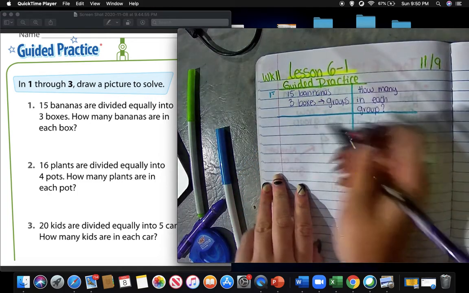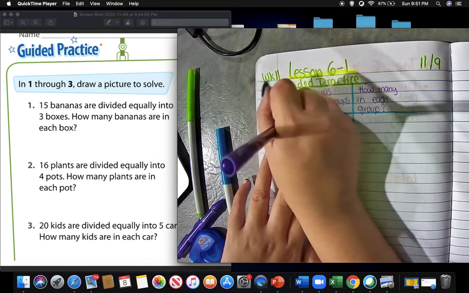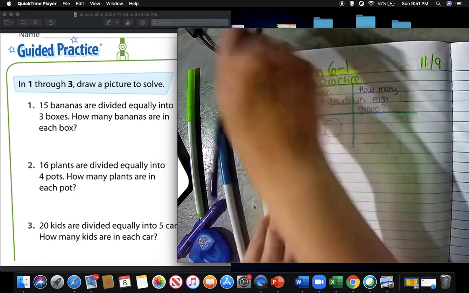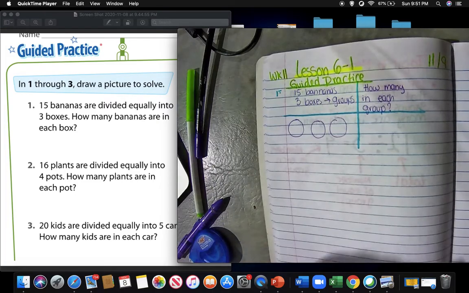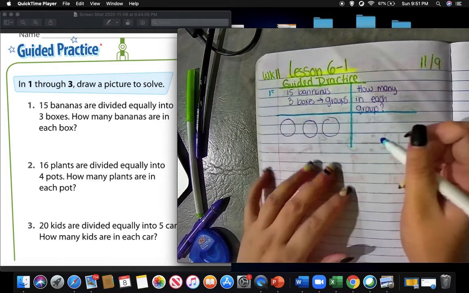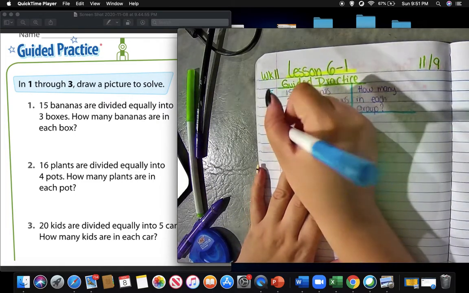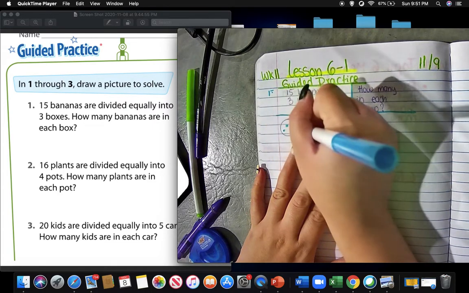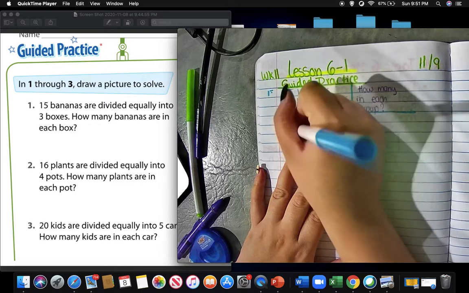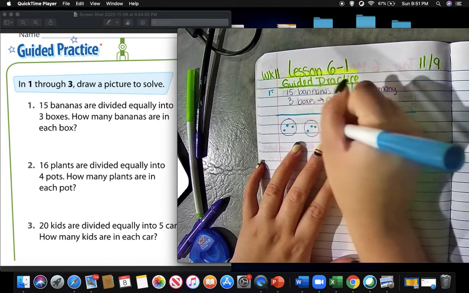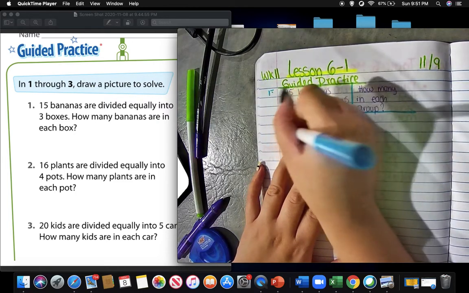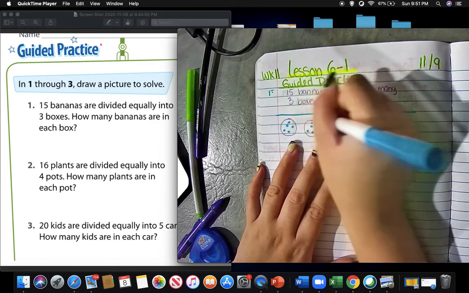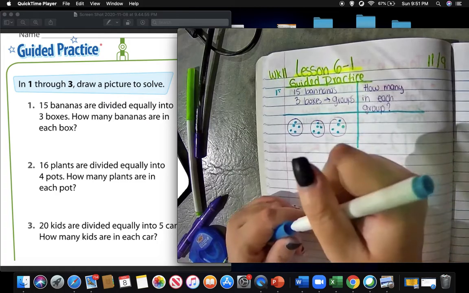So how many groups? I have 3, so I'm going to do 3 boxes. And then I'm going to count until I get to 15. So 1, 2, 3, 4, 5, 6, 7, 8, 9, 10, 11, 12, 13, 14, and 15.